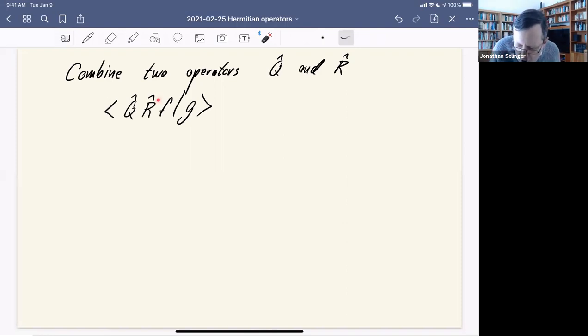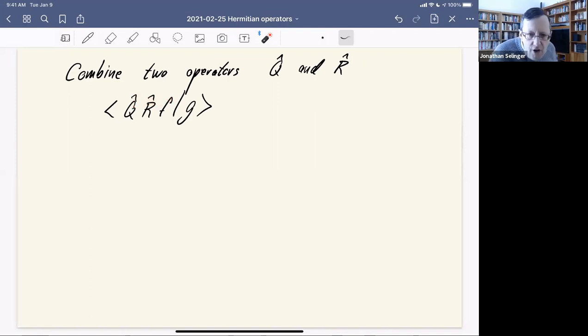R acts on F, so F goes into R, and then the output from R goes into Q. So suppose we want to know what is the Hermitian conjugate of this combination QR.